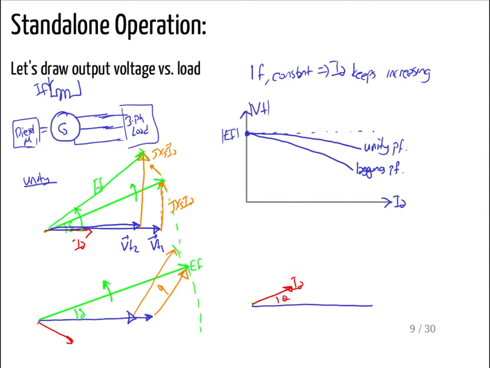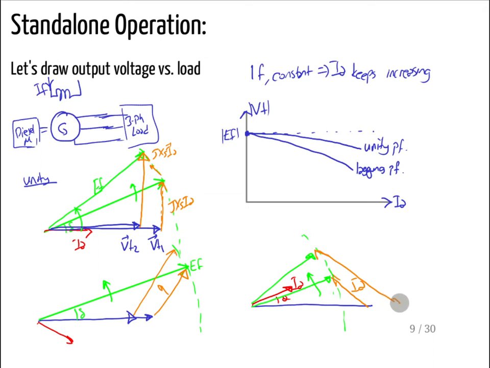Okay, let me draw EF somewhere here at first, and this is our IA, right? So if I increase my power factor, if I increase my load the same way, then you will have that much, and then your IA will be larger here.